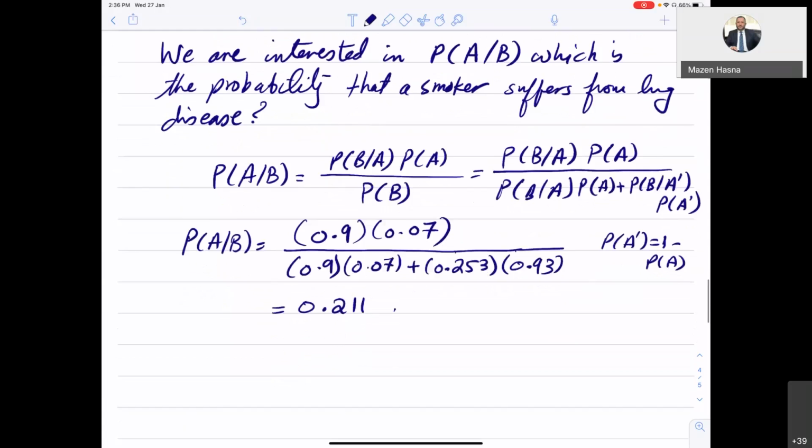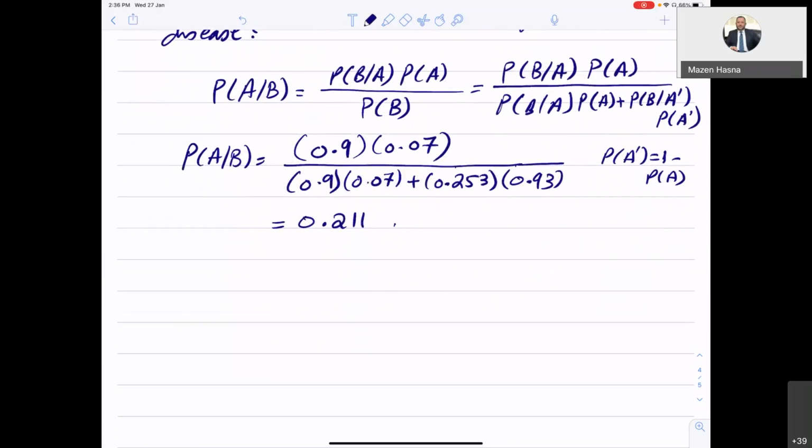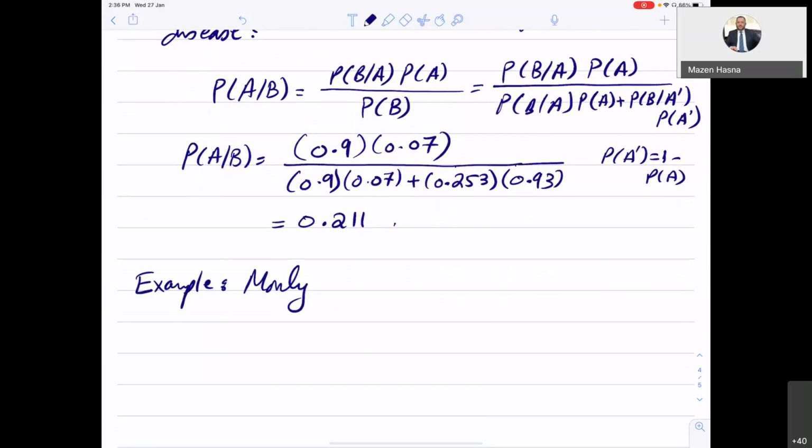The other example I will do is a very popular example. Probably some of you read about it or you know it, which is the Monty Hall problem. Monty Hall is a famous show.